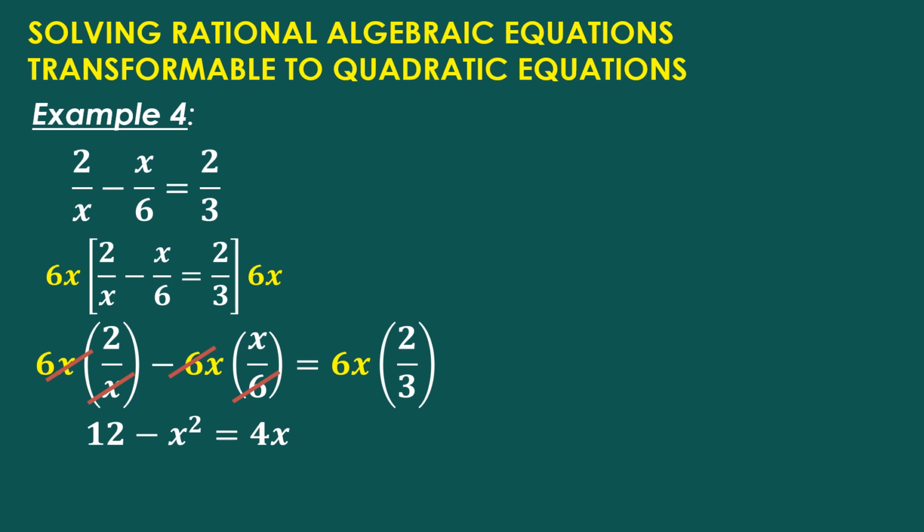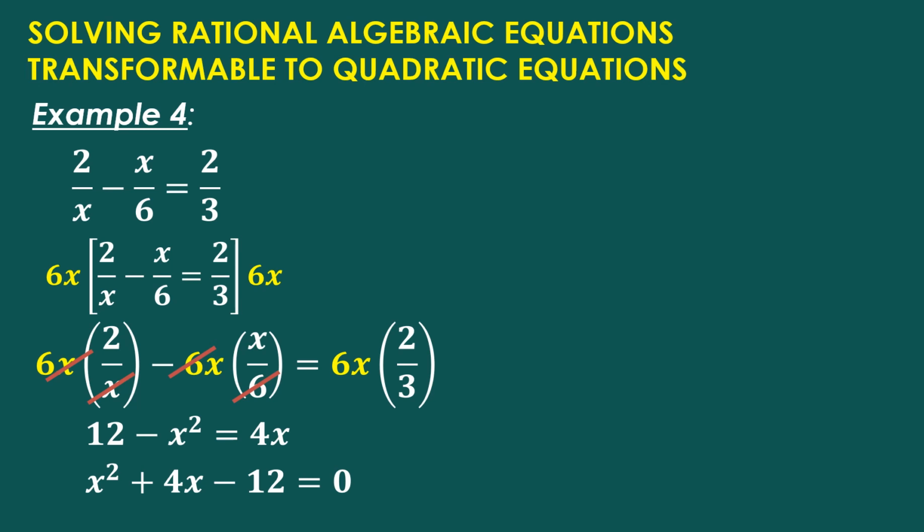In this example, I have here 6x times 2 is 12, and 12 divided by 3 will give you 4x. But this is not yet in standard form. So to change this into standard form, we are going to have x squared plus 4x minus 12 equals 0.